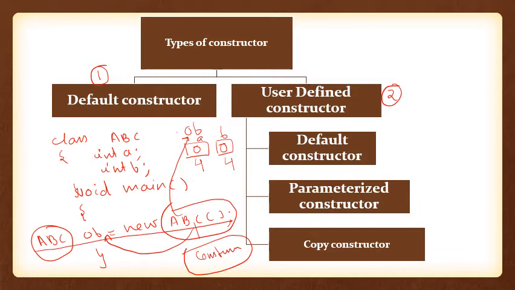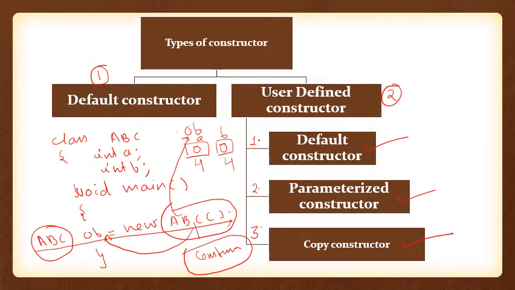So what is the need of the user-defined constructor? When the user wants to initialize the data members with their own values, they define a function known as a user-defined constructor. The user-defined constructor is again divided into three types. First one is what? Default constructor, user-defined default constructor, user-defined parameterized constructor, and user-defined copy constructor.